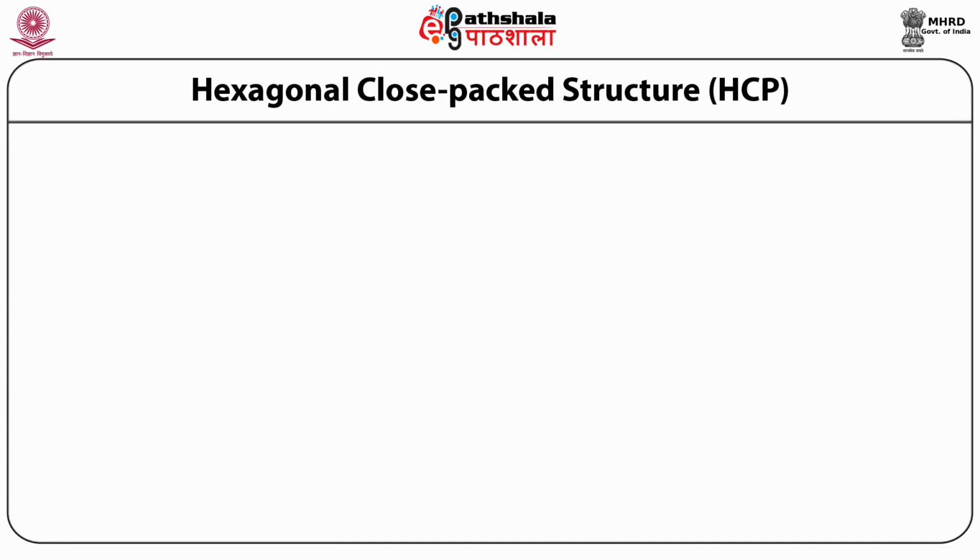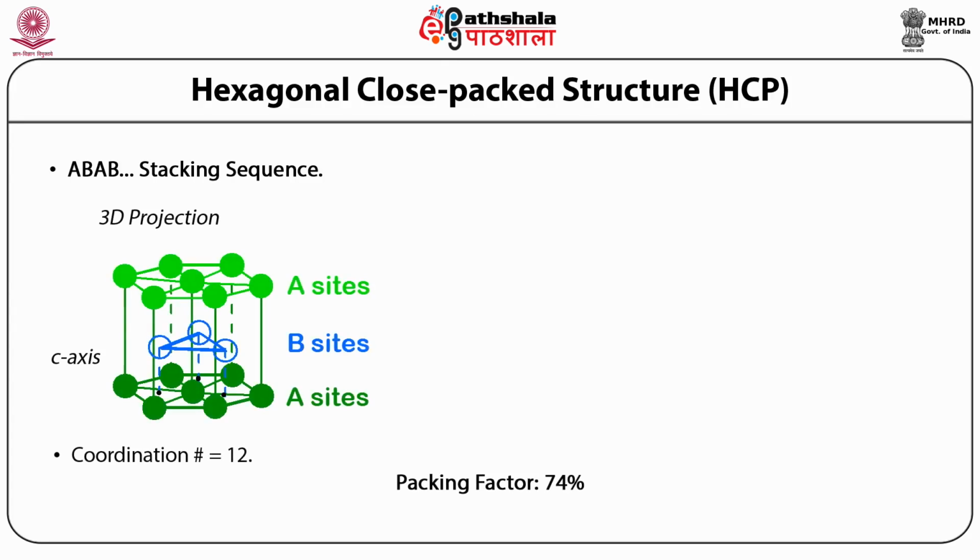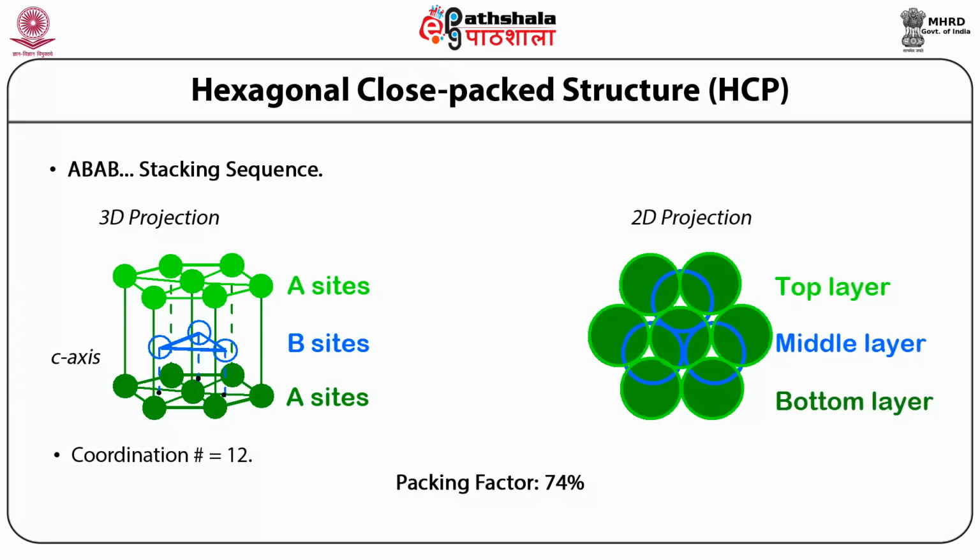Hexagonal close packed or HCP structure. In this structure, the AB layers are stacked along the [001] or C axis of the unit cell, while the plane of the layer is called the basal plane or (001) plane. The figures show the 3D projection and the 2D projection of the HCP structure.